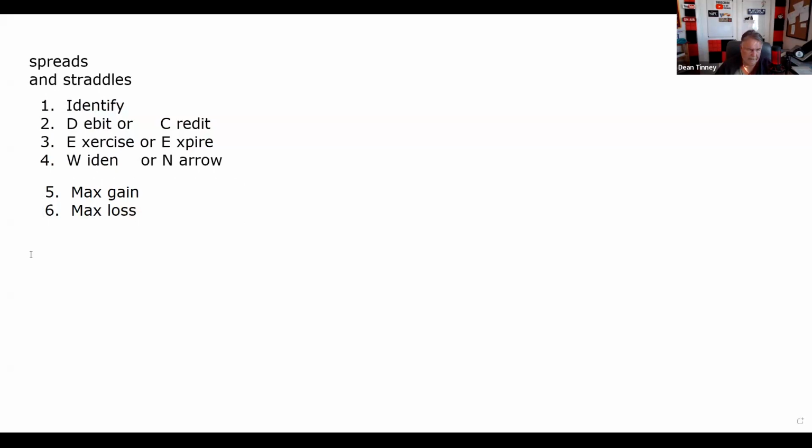Then we have to be able to do break even, and for that we have 2 great memory devices: CAL and PUSH. That stands for call, add to the lower; put, subtract from the higher. We use CAL or PUSH to get our break even. And the last thing is to determine whether it's bullish or bearish. In other words, where do we want the stock in relationship to that break even?